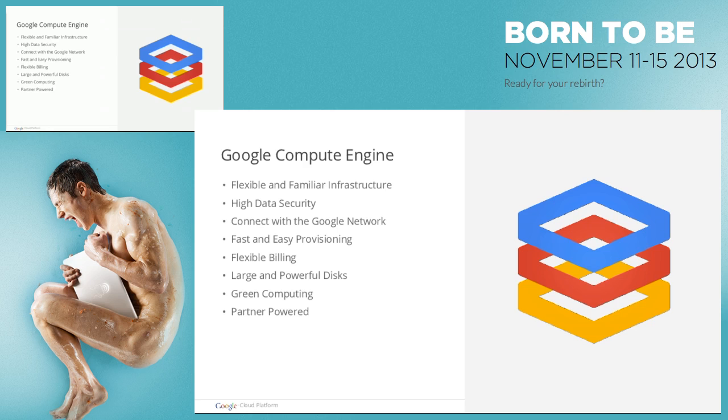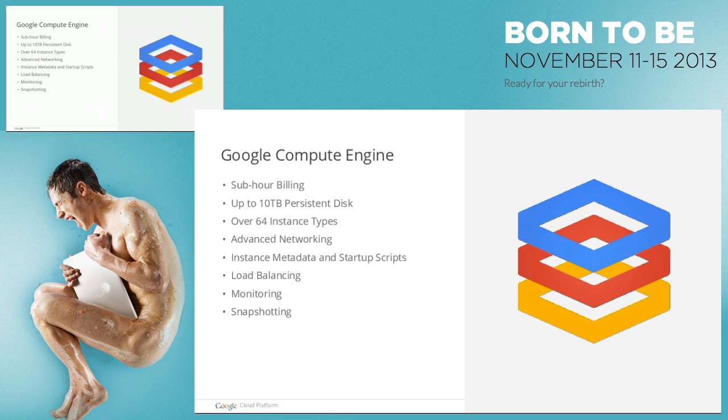So sometimes we are buying electricity plants just to power those data centers, and they are extremely energy efficient. So up to terabytes of persistent disk. We have up to now 64 instance types, and it's growing. We keep adding them maybe every month or 2 months.